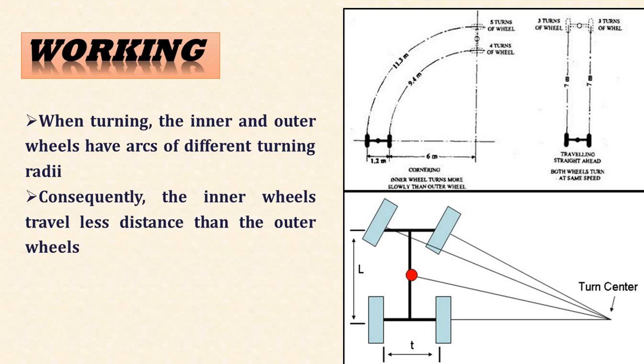Second condition we will consider: when the vehicle takes a turn, consider towards the left. The left inner drive wheel then goes through a sharper corner. That is, it has to travel a shorter distance than the right outer wheel. The left wheel encounters greater resistance, and the left axle tends to momentarily slow down.